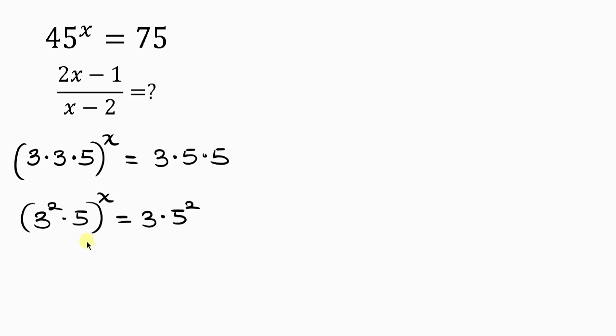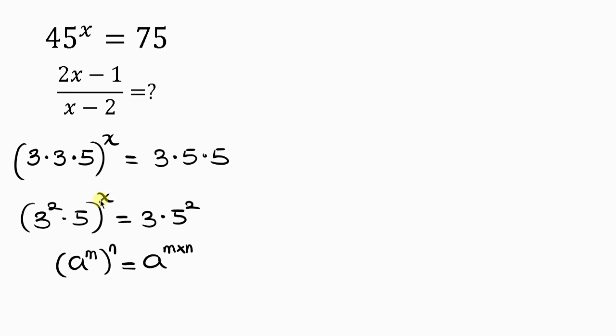Our next step will be for us to apply the law of indices, which says, for example, when I have a^m and this is raised to the n, this is equal to a^(m times n). That means the powers multiply.